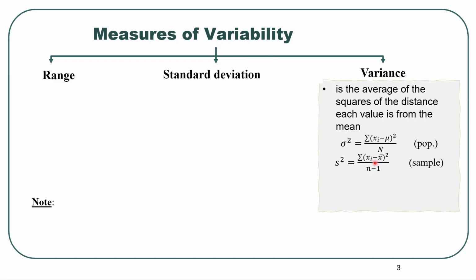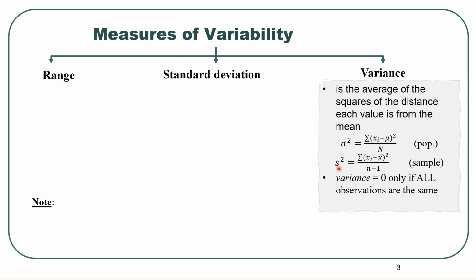That minus 1 is just to make this S square, the sample variance, have good statistical properties, as we will discuss later in our course.